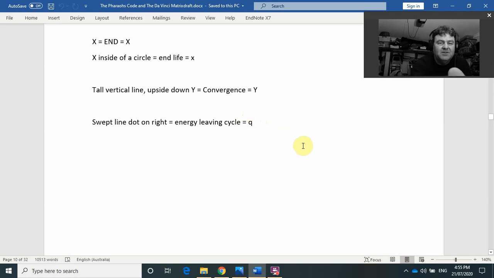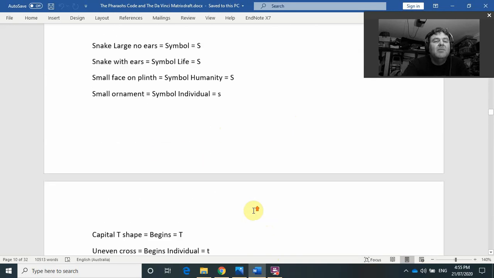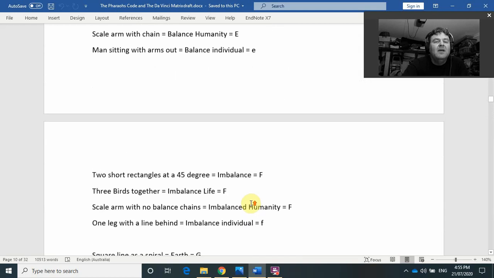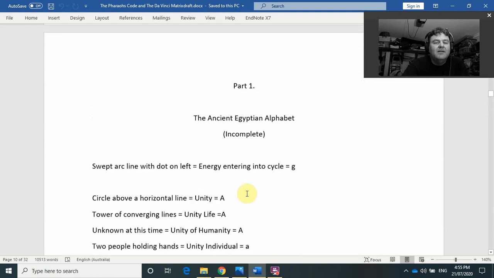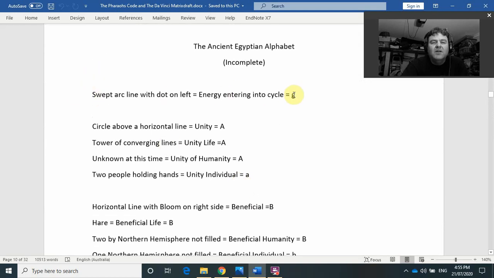We would have possibly a little tail out to the right hand side of the script. And again, that's representative of the energy leaving your system, but joining back into the whole energy system to be reborn again, right back up to the top again. There we go. And start again with a new life.